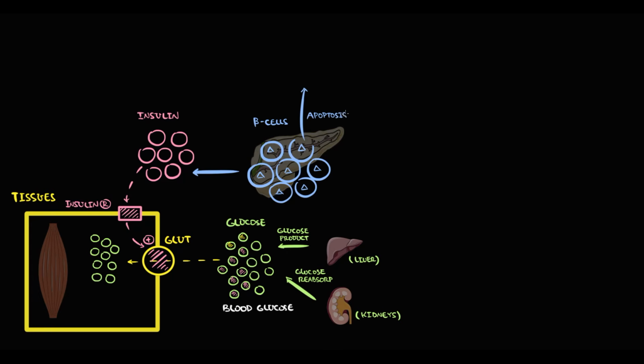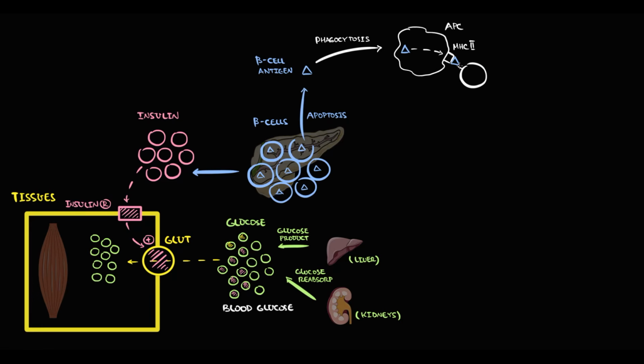With death, intracellular content of the beta cells is released into the blood. Let's call intracellular content of the beta cells beta cell antigen. When beta cell antigens appear in the blood, antigen-presenting cells phagocytose beta cell antigen and present some parts of the beta cell antigens on MHC2 receptor to T helper.